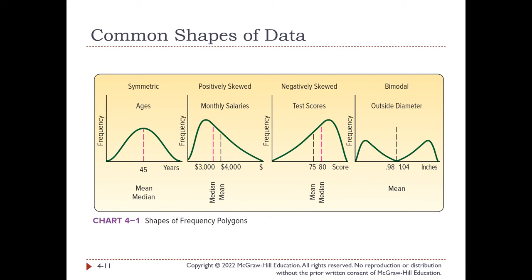Alright, so here are our common shapes of data. Remember the frequency polygons? They're back. Symmetric is our good old-fashioned bell curve, and we can use the empirical rule on all of this.